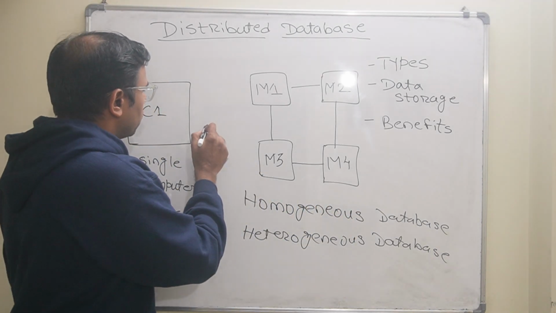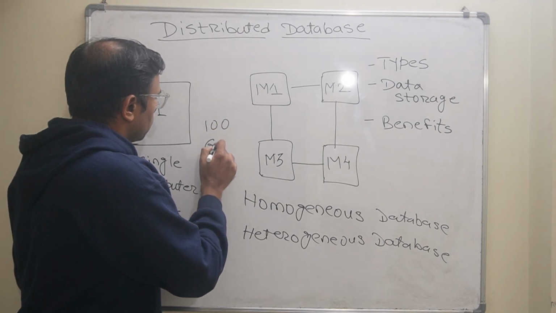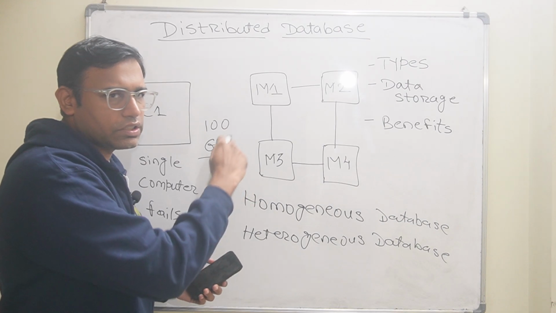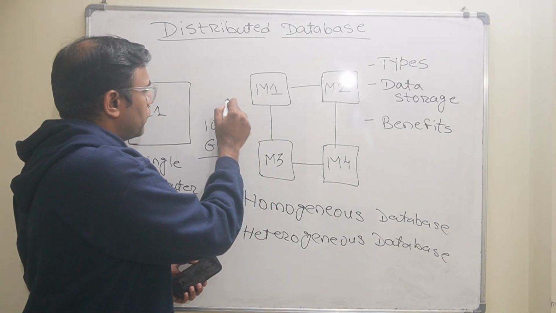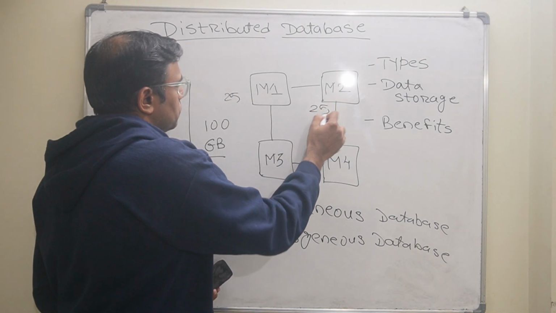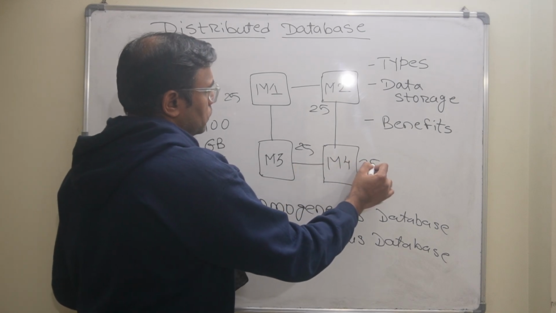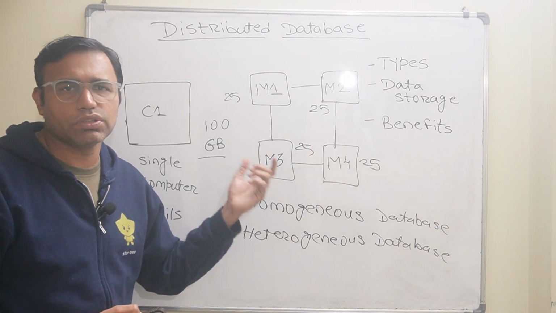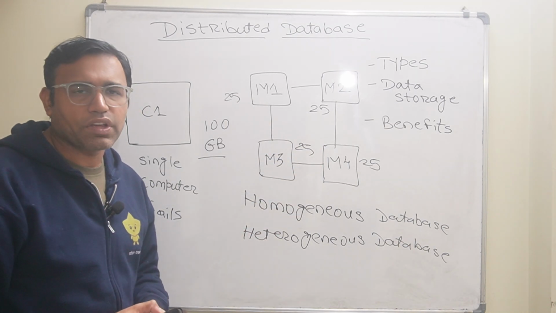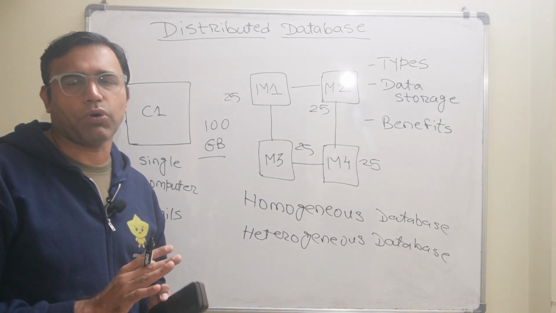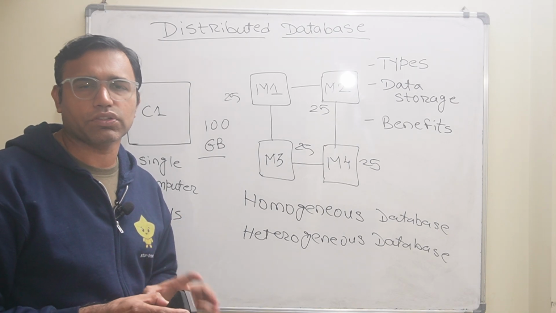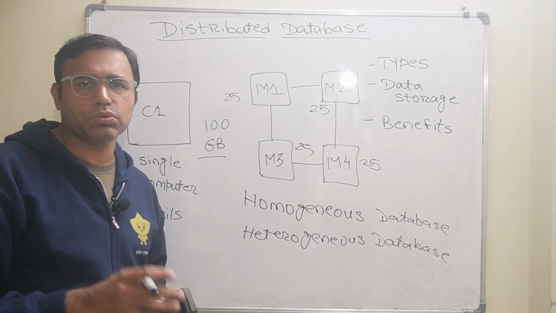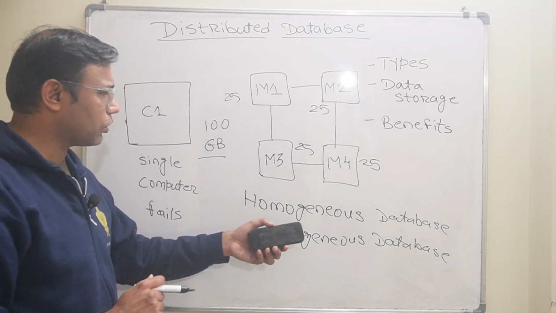Assume that there is 100 GB of data, and you have divided it into four machines. So one machine can accommodate 25 GB, 25 GB, 25 GB, and 25 GB. So your data is uniformly distributed, and all four machines are using the same format. So whenever a query is fired, there will be no complexity to get the answer. So this is nothing but homogeneous database.